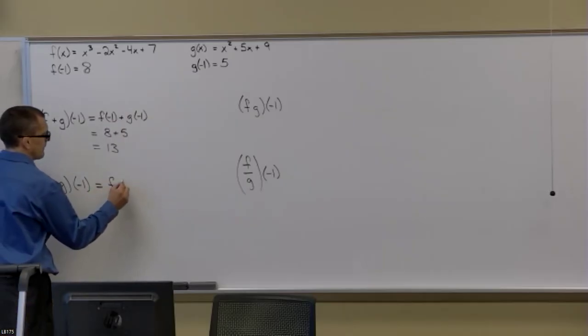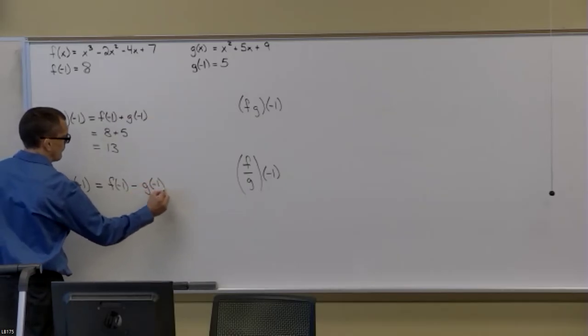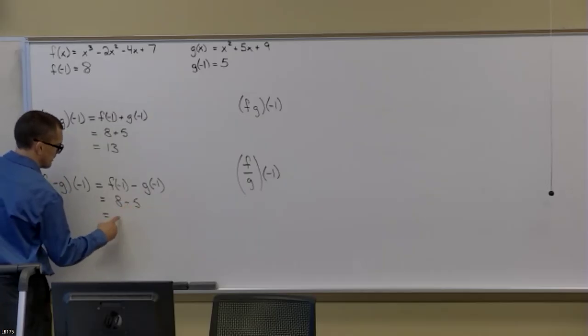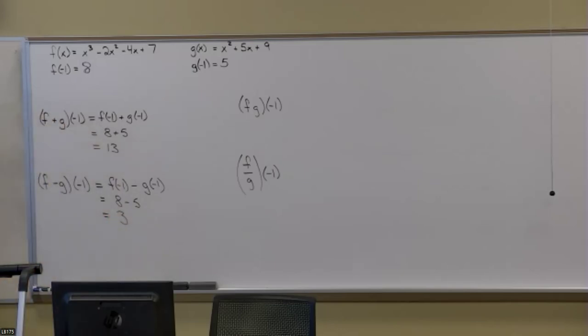Same thing if we subtract: f minus g of -1 is going to be 8 minus 5, which is positive 3. Excuse me, last one was -3. This is positive 3. By the way, be careful on the order of that. This is f minus g, not g minus f. And I did g minus f there for a second.